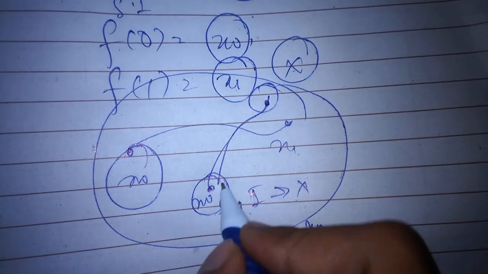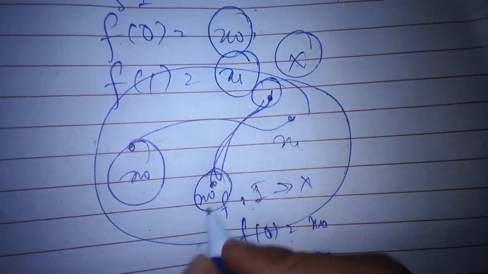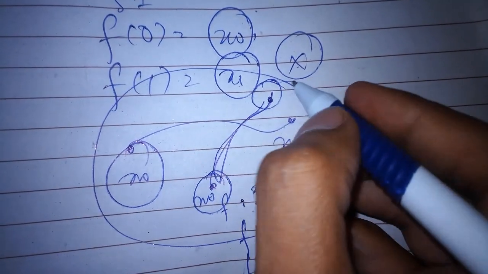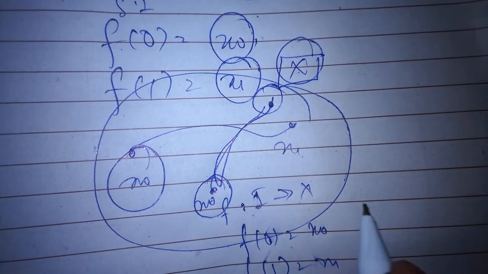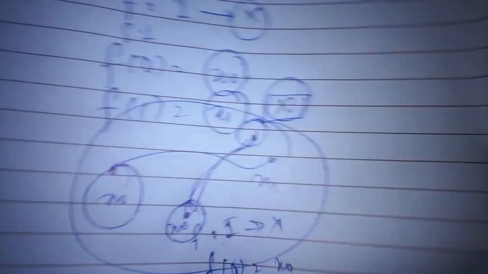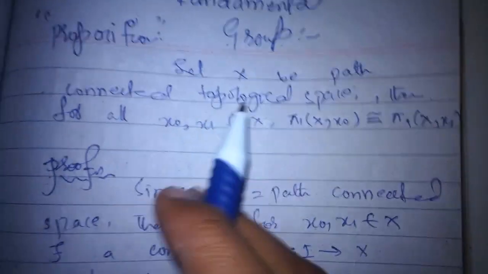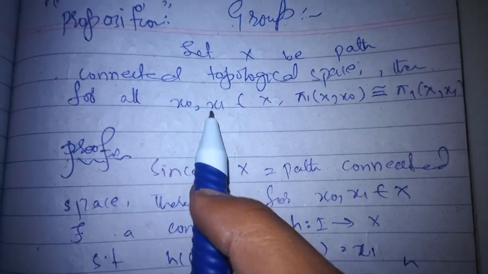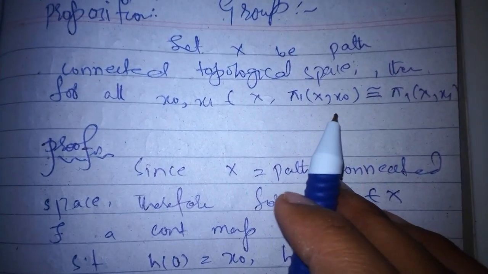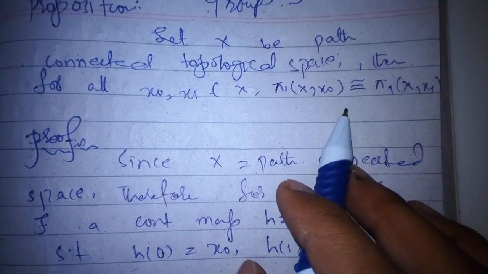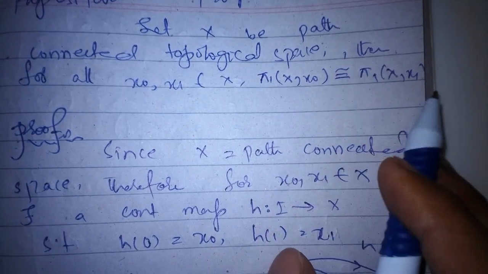So we can make a path from one point to another point, and we call this X a path connected space. So let X be a path connected topological space, then the first fundamental group of X at x naught is isomorphic to the first fundamental group of X at x1.